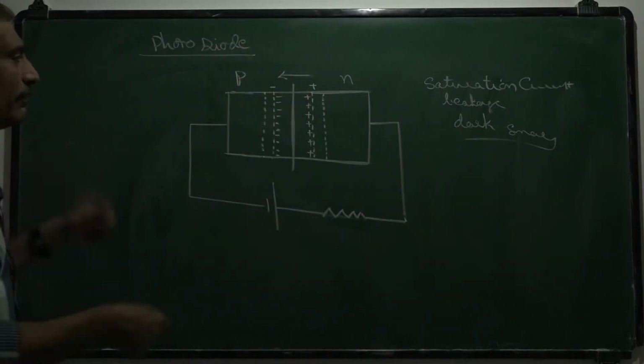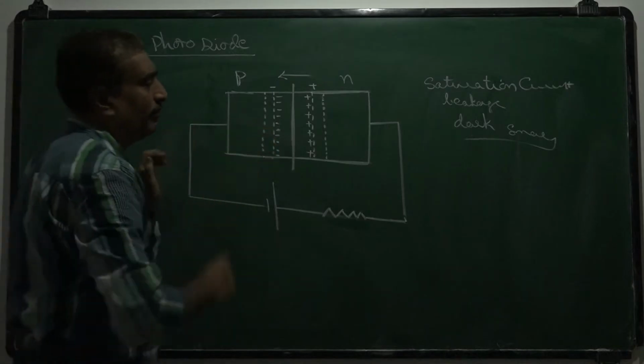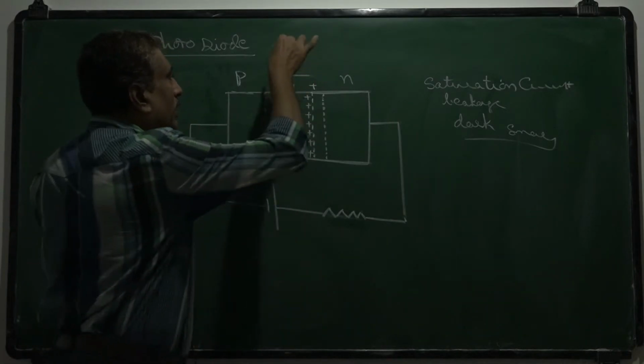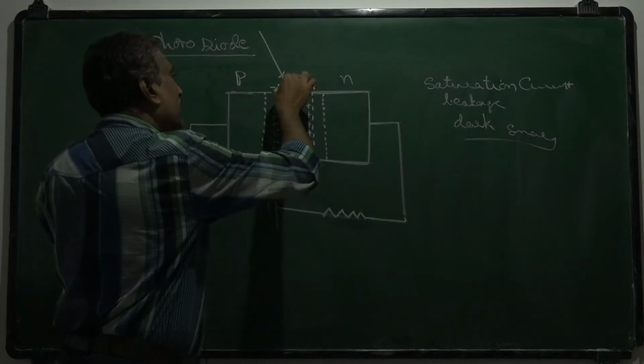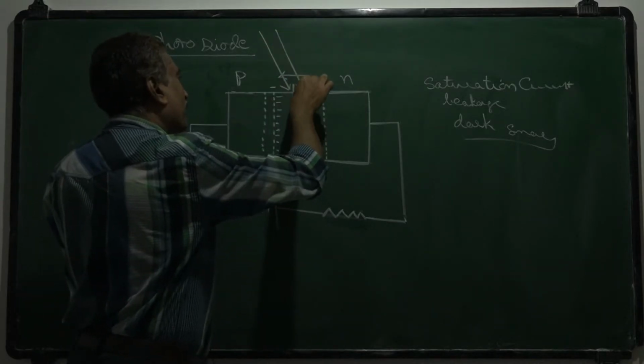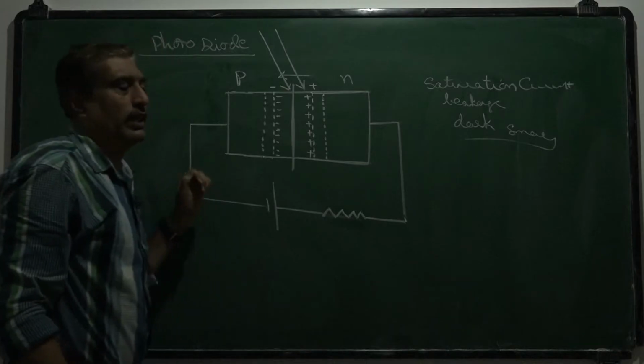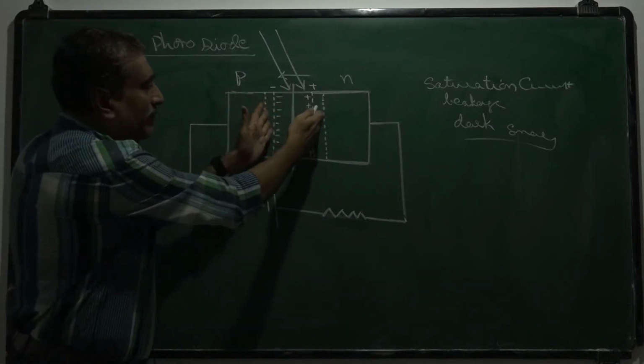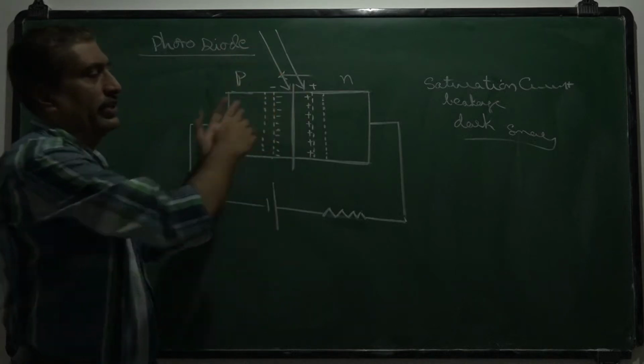Now in this situation, if light is allowed to be incident on this junction, that means on this widened depletion layer.